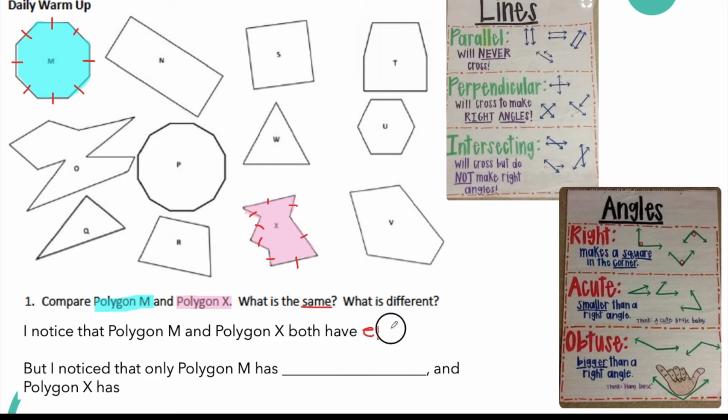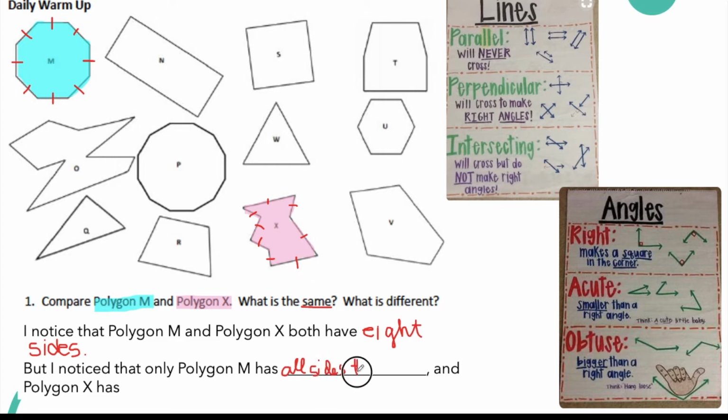sides. Please excuse my handwriting. They both have 8 sides. Period. Do their sides look the same though? No. So what I'm looking at when I see polygon M is that all of its sides are the same. So I'm going to write, but I noticed that polygon M has all sides the same size.